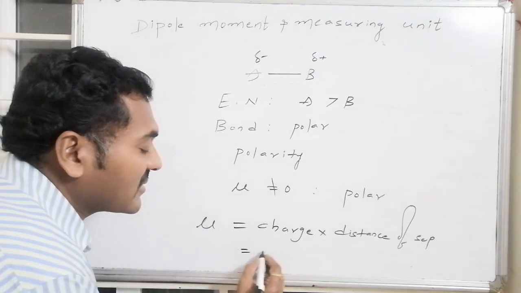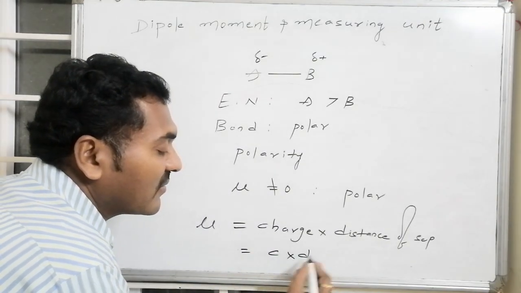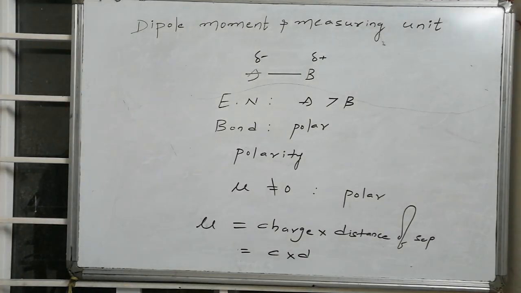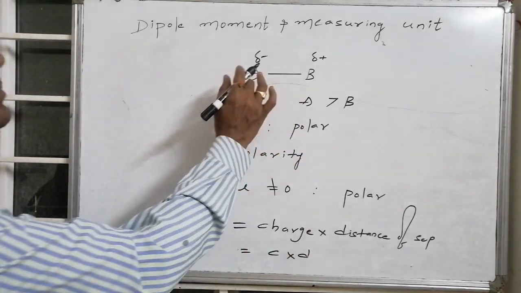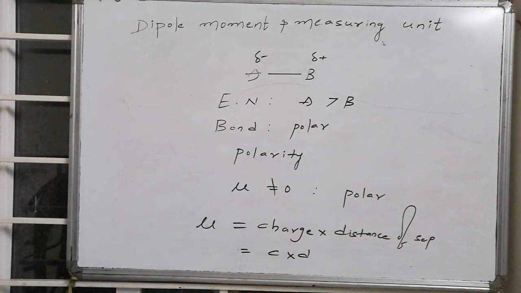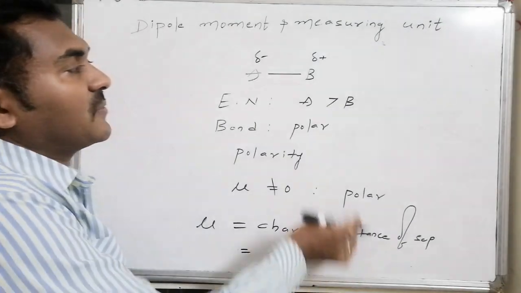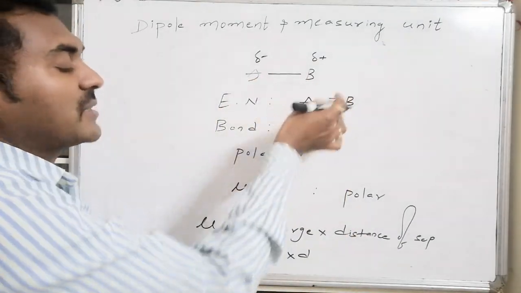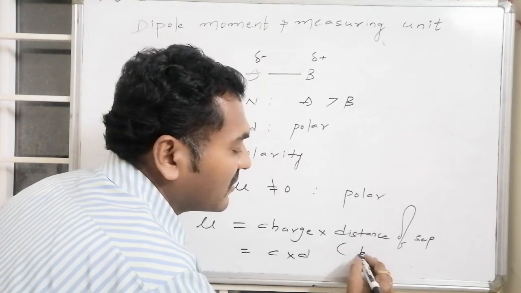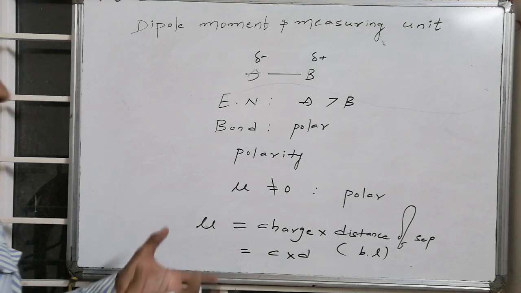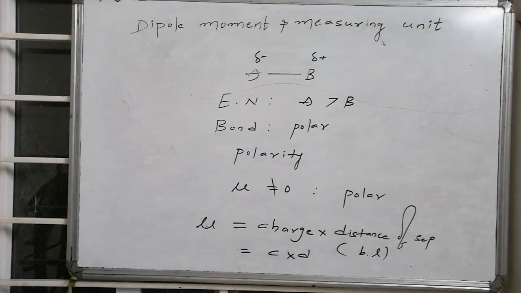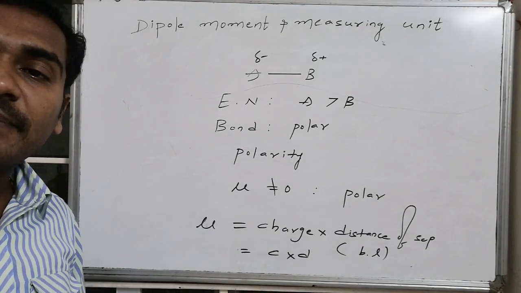In short form, the charge is C and the distance of separation is D. That is the product of the charge, present either on the first ion or the second ion, and the distance of separation, which is nothing but the bond length. The product of charge and bond length provides the quantitative information of the dipole moment associated with the bond A and B.